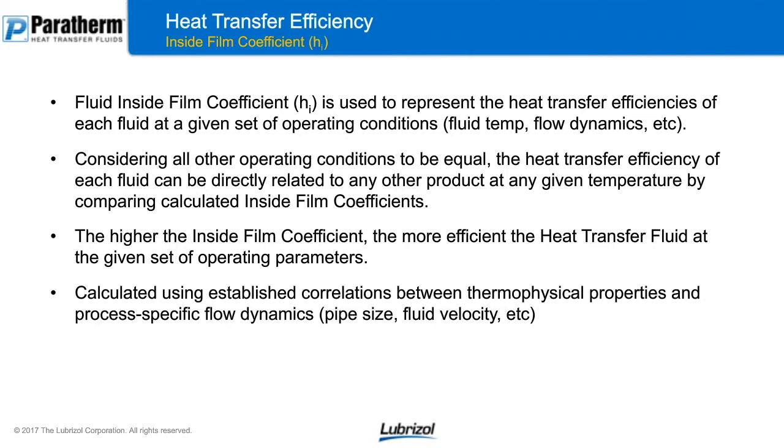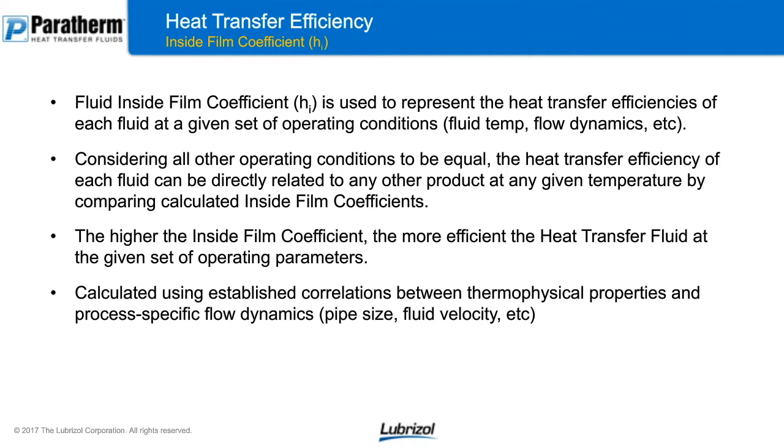And the way that we measure or calculate this, based on fluid properties and system dynamics, is we use the inside film coefficient. You'll see it denoted as h sub i there. The fluid inside film coefficient represents heat transfer efficiency of any fluid at a given set of operating conditions. That's taking into account the fluid temperature, the flow dynamics, and the system itself.